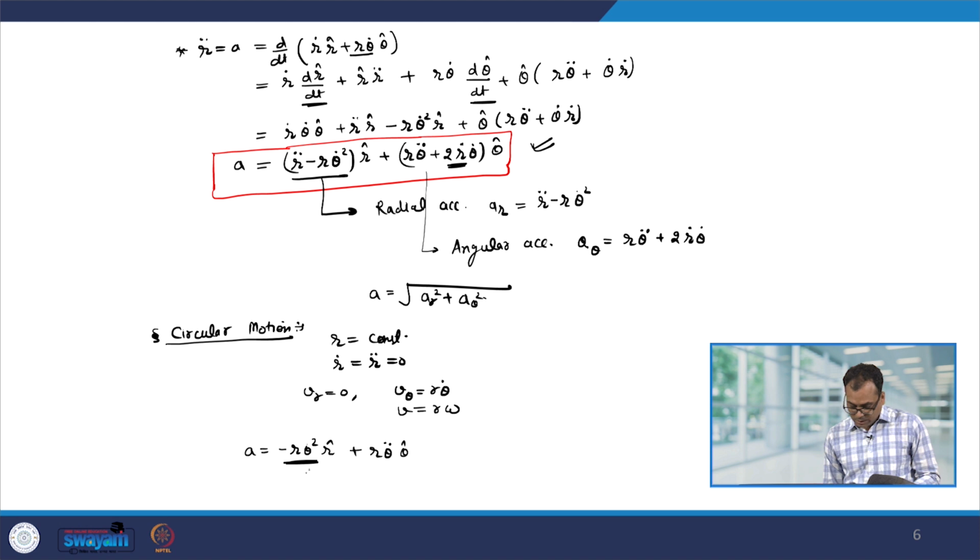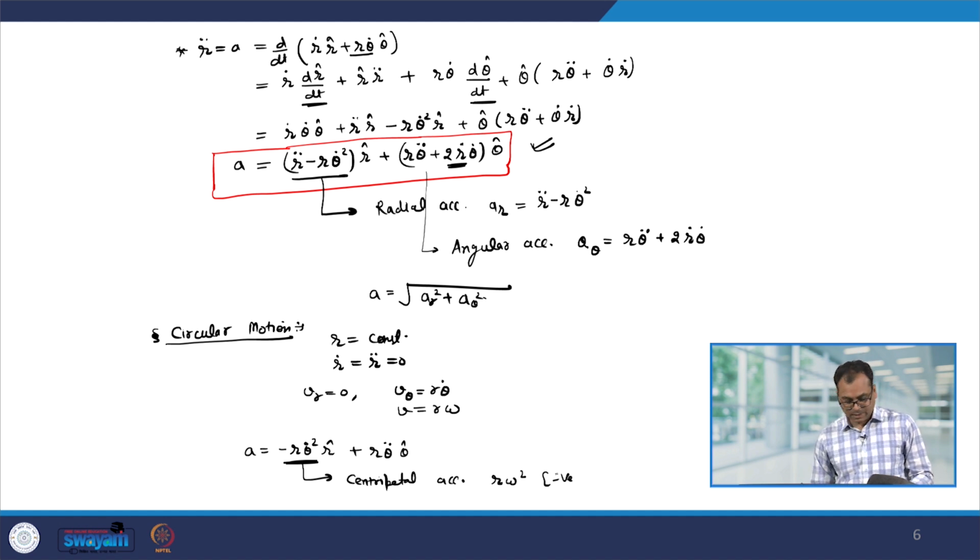Here this term is called the centripetal acceleration, and theta dot is nothing but omega. So, it is r omega square, and the minus sign that you see, it is because this acceleration is towards the origin.